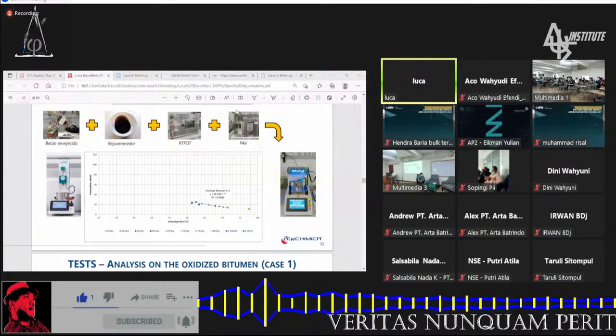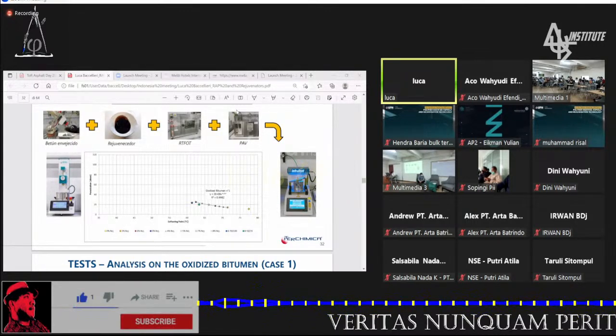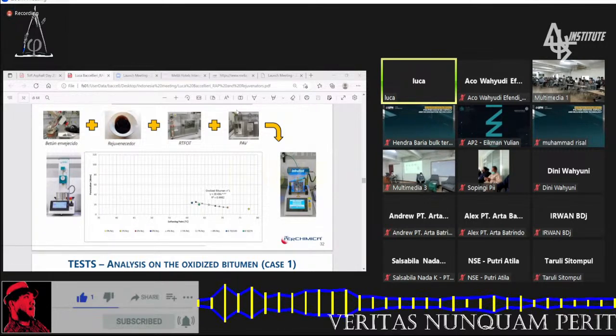If you save 25 kilos per ton, you are saving 12, more or less. We are talking, okay, with the price of the bitumen at 500 per ton.